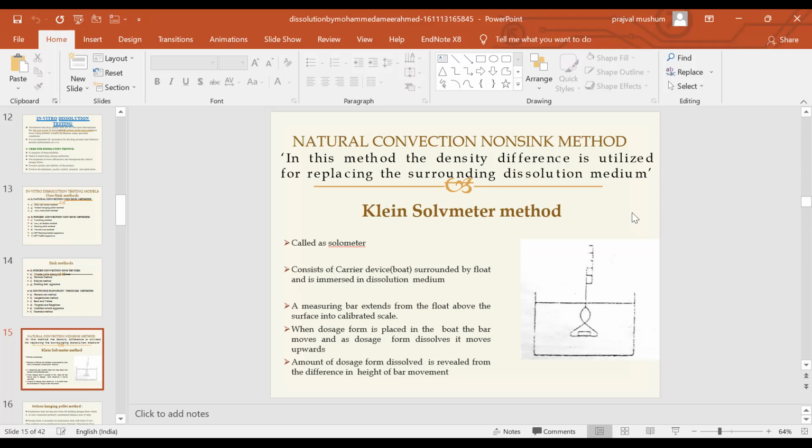This instrument is called a solvometer. This consists of a carrier device, that is the boat. This is the float. And this is the measuring bar, that is the calibrated scale. And this one is the dissolution medium.